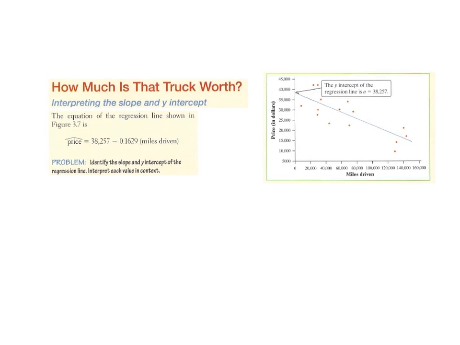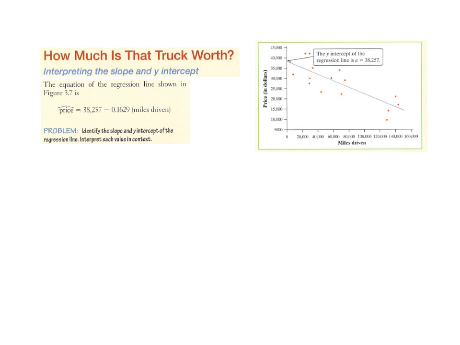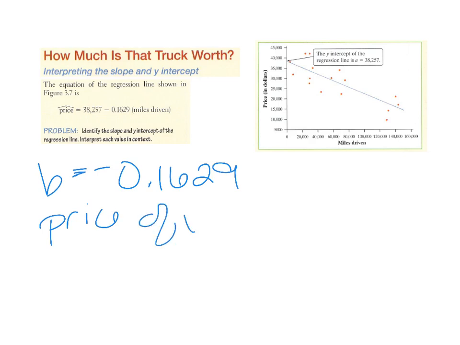So our slope is negative 0.1629. Okay, and so what that tells us is that it's negative, so it's going down. So it's telling us that the y, the price of the used Ford, is predicted, because that's what we're doing, this is our y hat, right?